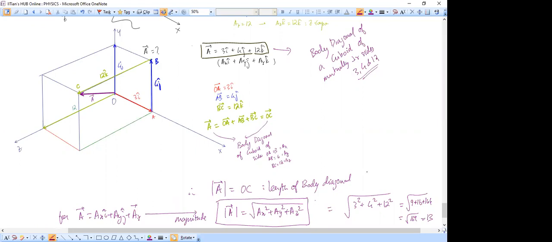So it comes from geometry. In geometry, you know that the length of the body diagonal is square root of L square plus B square plus D square. Okay. So this formula is directly coming from geometry.